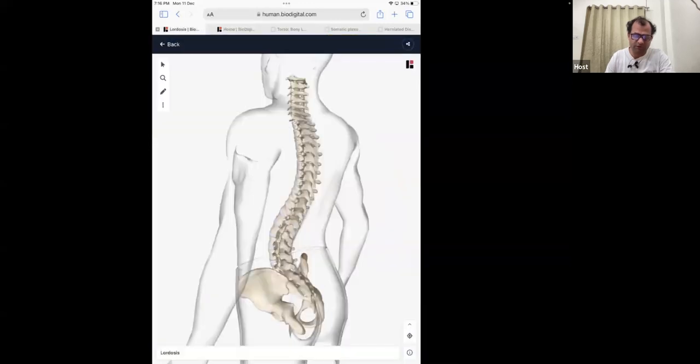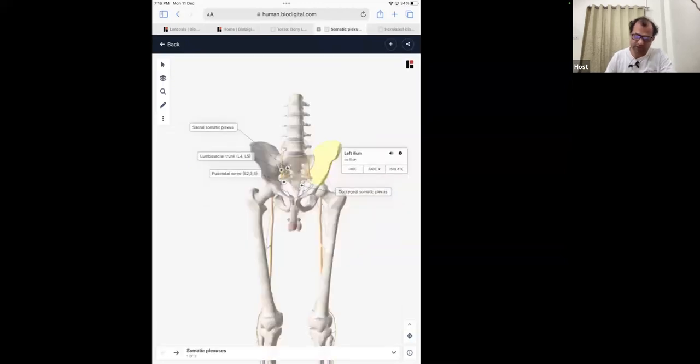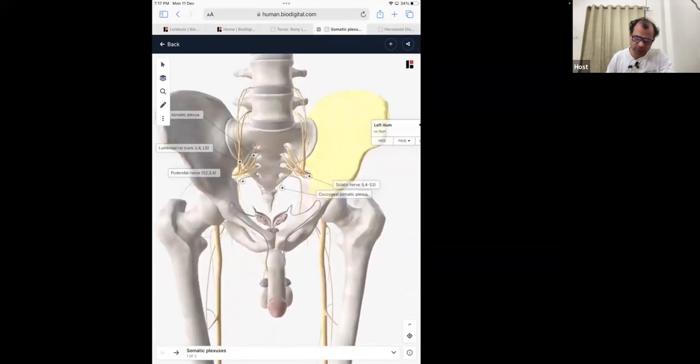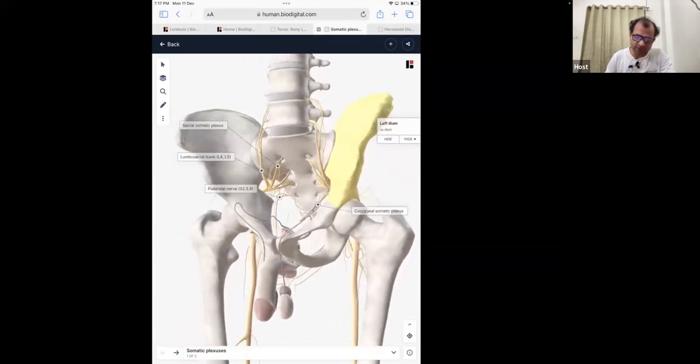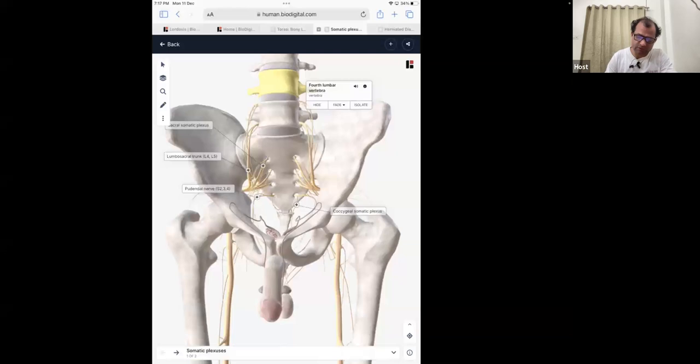Person is suffering with a great pain due to this compression, due to this problem. We can see here, so we are taking one example. Below the lumbar 4 vertebra, this is the lumbar 4 vertebra, one nerve is coming, then below lumbar 5 also a nerve is coming.